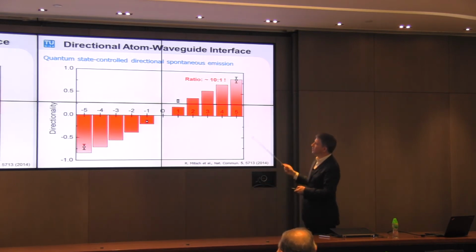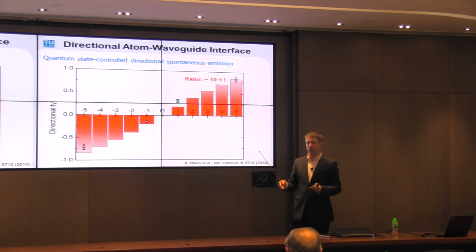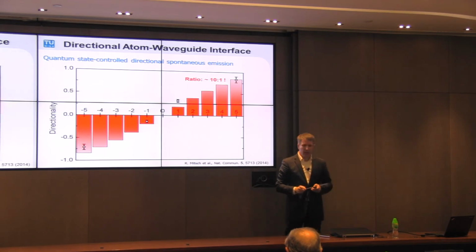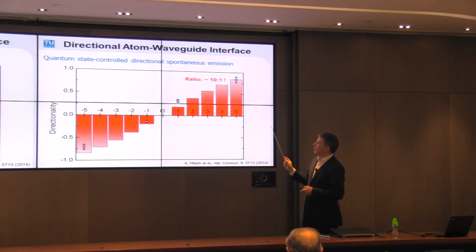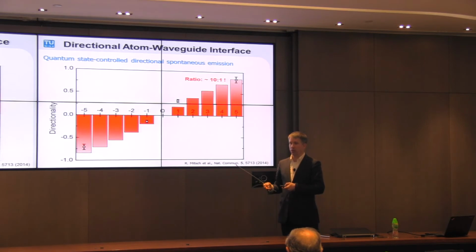And I would like to stress that this now is a quantum state controlled directional spontaneous emission in the sense that you encode the direction in which the photon is emitted into the waveguide via the magnetic quantum number of the excited state. I would also like to stress that this kind of directional spontaneous emission is not exclusively observed in our experimental system.